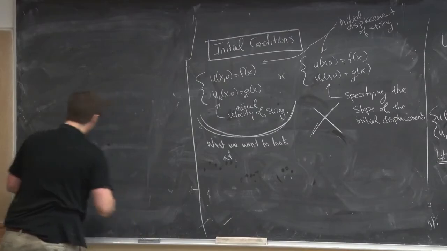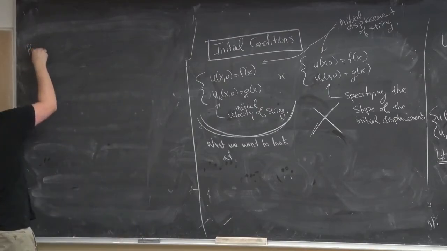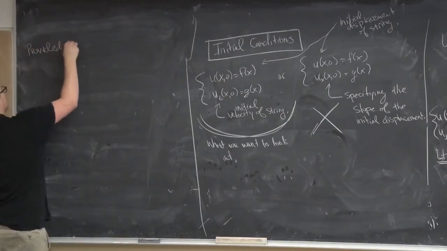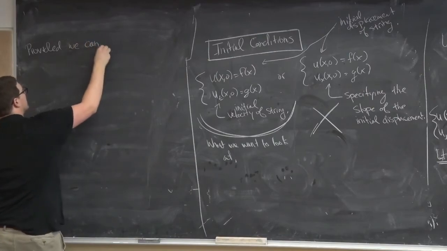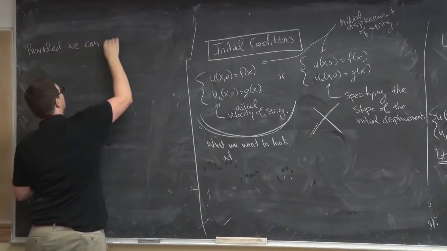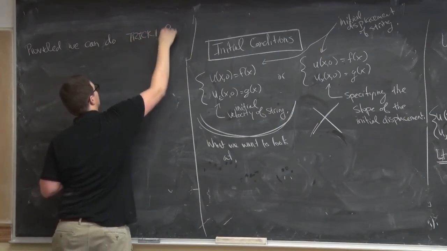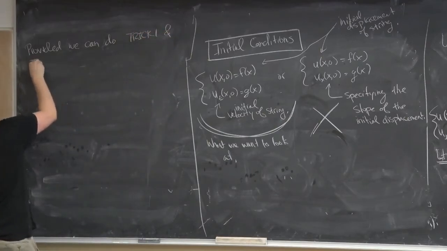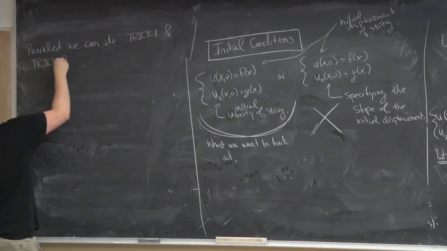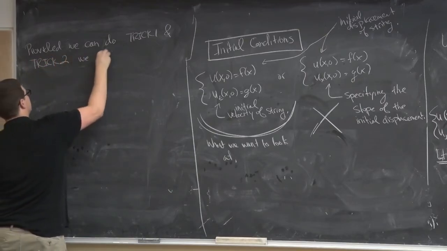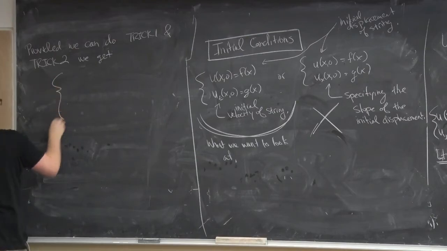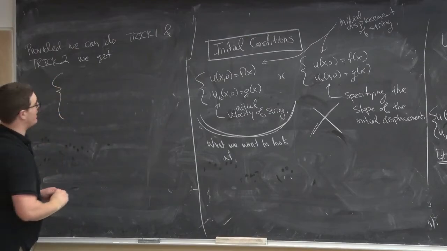So provided we can do trick 1 and trick 2, we get the following initial value problem.